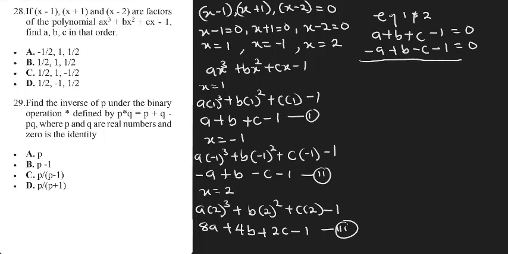If you add the equations, of course, this A will go, because we have A plus minus A, which is 0. Then we have B plus B is 2B. Then we have C plus minus C, this one will go.